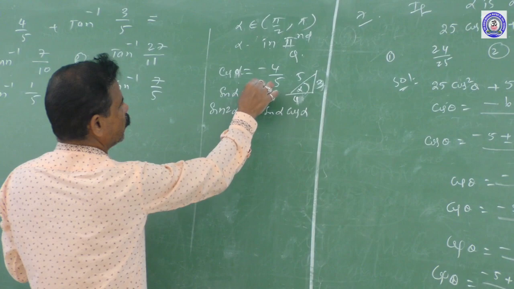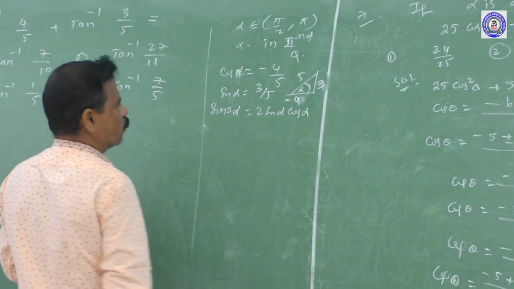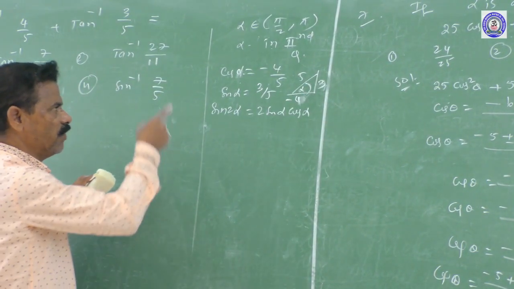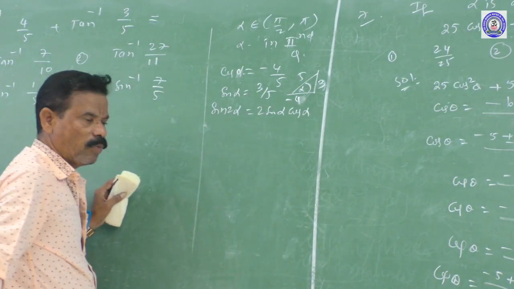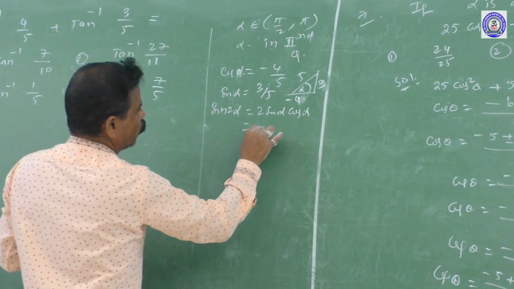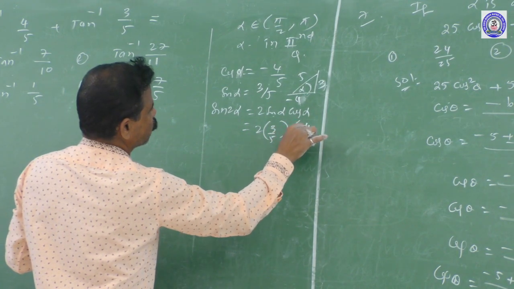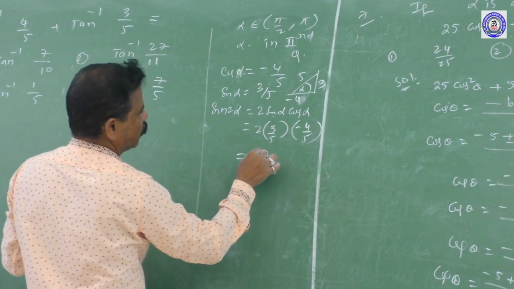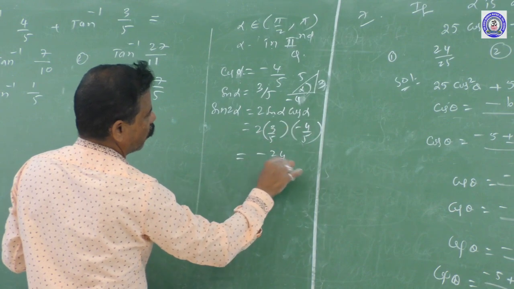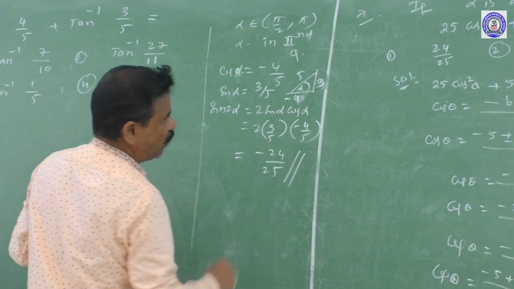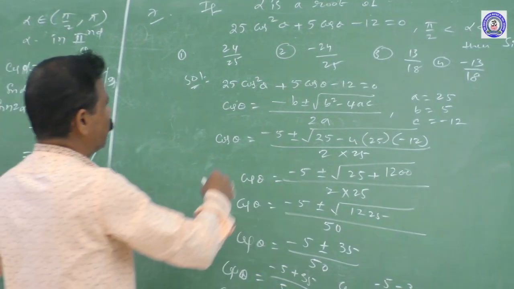Sin alpha is 3 by 5 coming, minus 4 by 5 is the cos alpha. Sin alpha is 3 by 5 because in the second quadrant it is positive. So 2 into sin alpha 3 by 5, cos alpha minus 4 by 5. So 6 into 4, minus 24 by 25. This is the answer: minus 24 by 25.